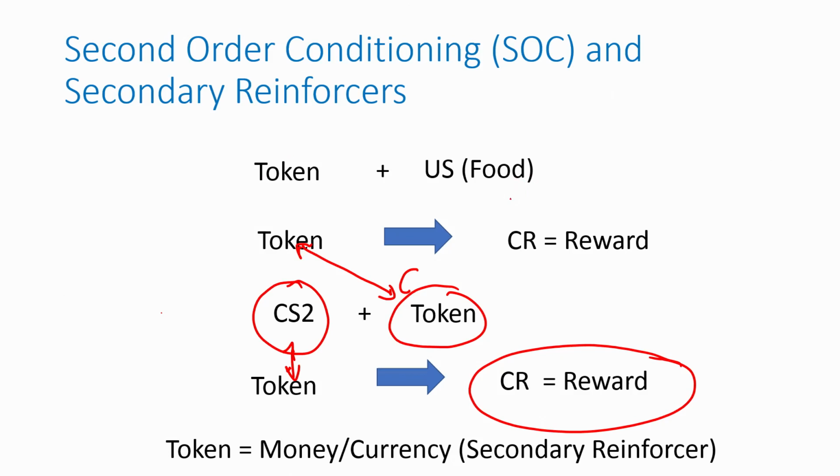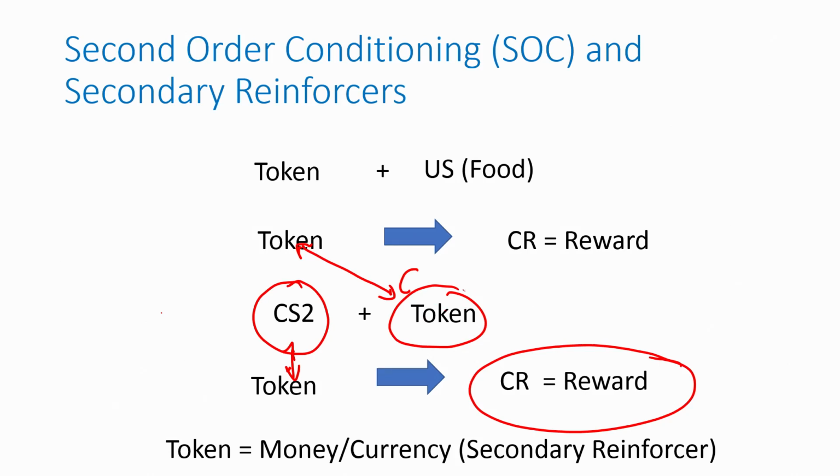you can develop an association wherein I do not have to present the food to you anymore. I can take a completely new stimulus and pair it with a token, the reward eliciting token, like money here.